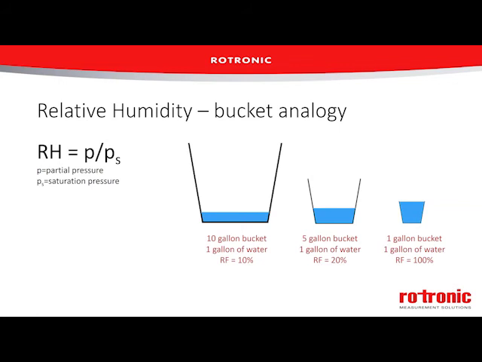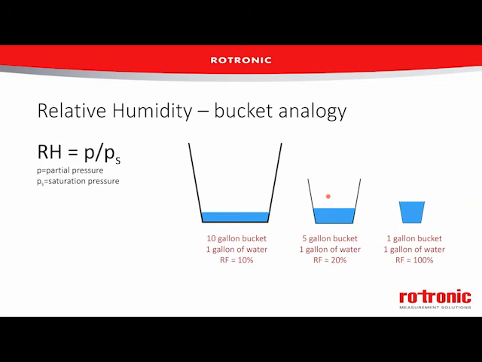In this first one, let me put a drawing tool on. We've got a 10-gallon bucket with 1 gallon of water in it, so our relative fill is 10%. Now we go to a 5-gallon bucket. The amount of water has not changed, but the bucket size has shrunk. This is the same as if your air cooled and the saturation vapor pressure changed.